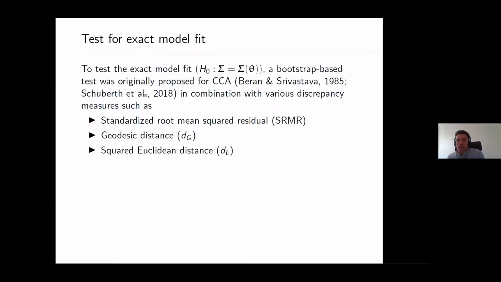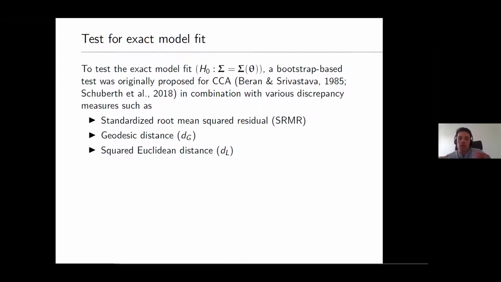So, the test for exact model fit. Originally, we proposed a bootstrap-based test, which is also known in the SEM literature as the Bollen-Stine bootstrap, to assess the overall model fit. And we do that in combination with various discrepancy measures, for example the standardized root mean squared residual, the geodesic distance, or the squared Euclidean distance.